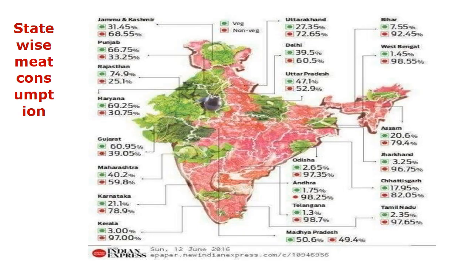Here we can see the state-wise consumption pattern of meat in comparison to a vegetarian diet. We can see major parts like Andhra Pradesh, Telangana, Odisha, Bihar, Jharkhand and West Bengal have a large population of meat eaters.